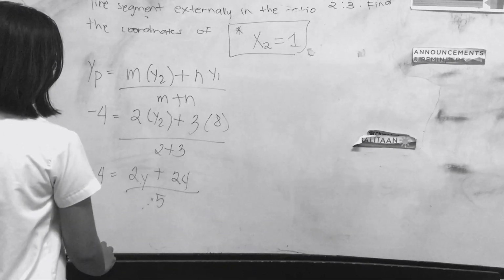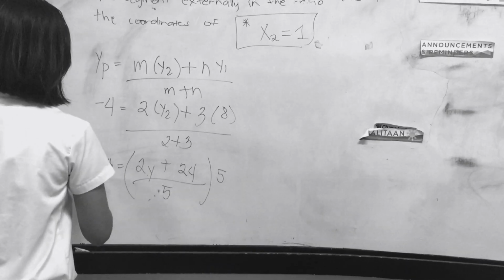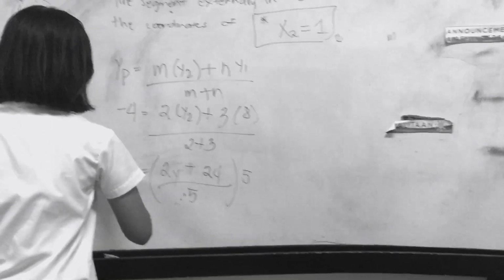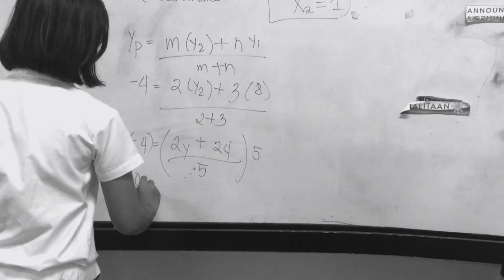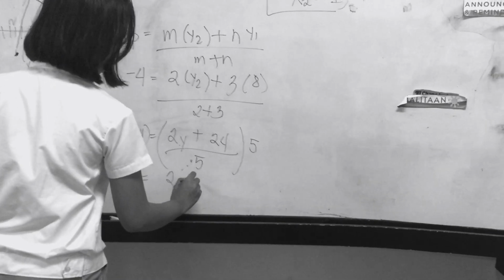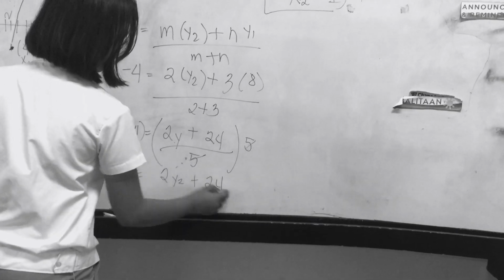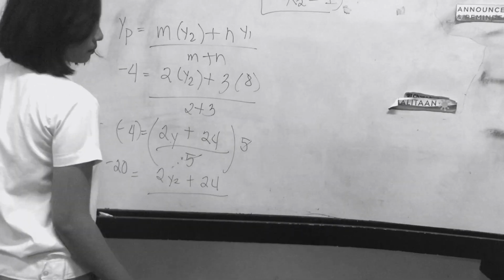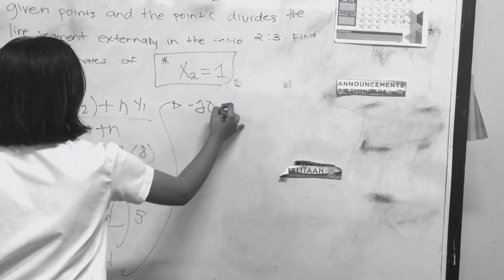To cancel the denominator, we need to multiply both sides by 5. 5 times negative 4 is equal to negative 20. Negative 20 is equal to 2 y sub 2 plus 24.